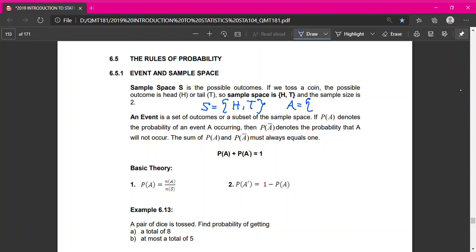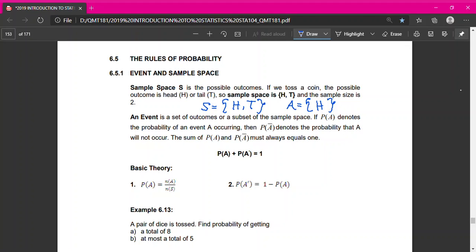So contohnya event adalah H. The sample size of an event A is 1. The sample size of the sample space is 2.